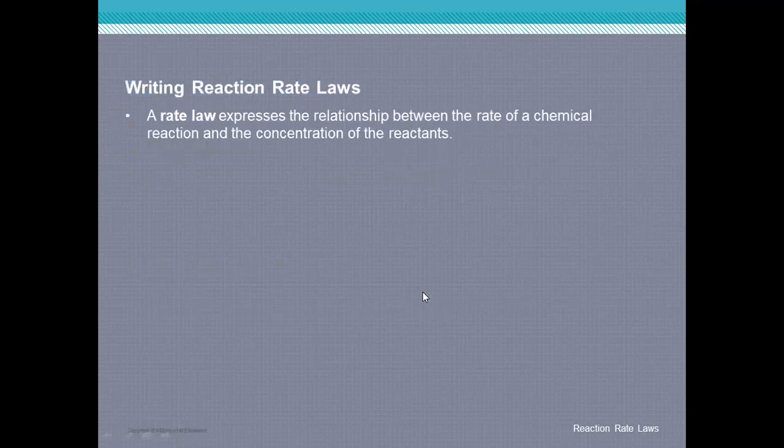Writing reaction rate law. A rate law expresses the relationship between what and what?